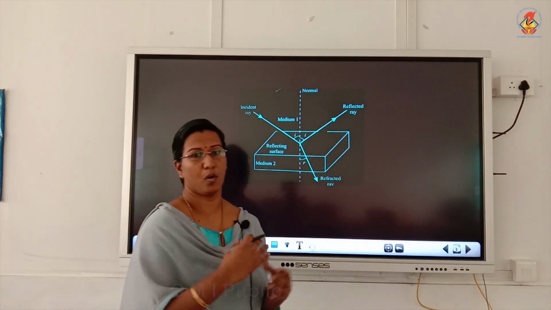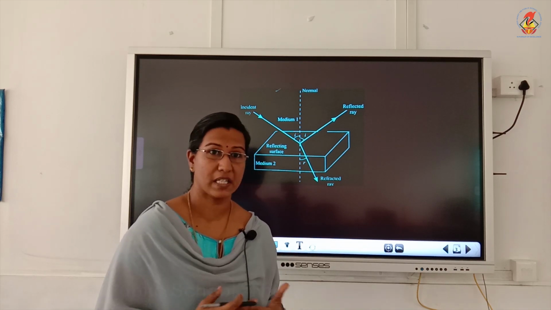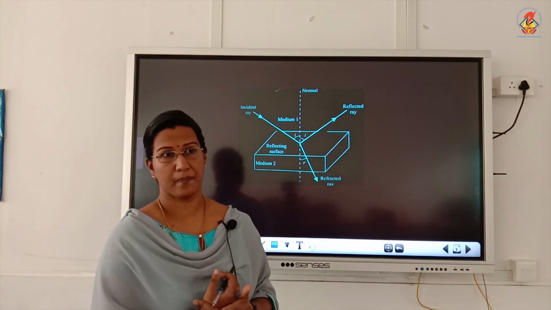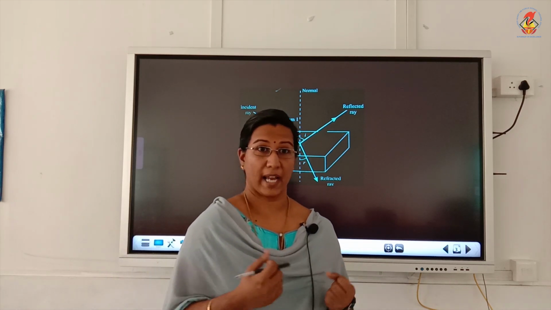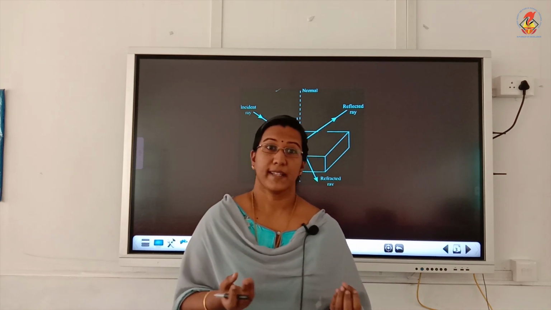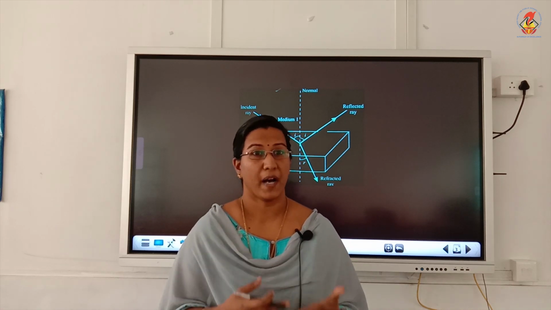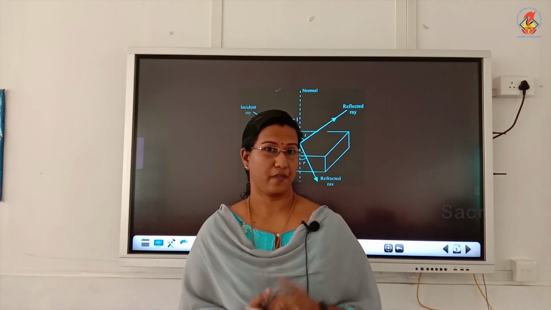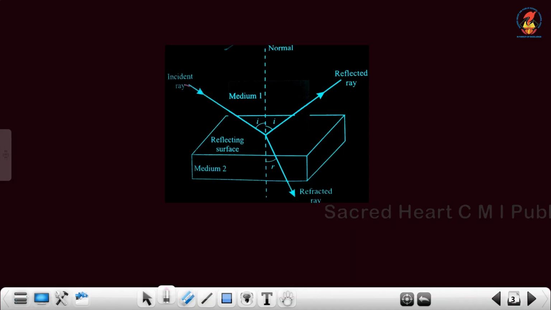Now we all know if light falls on a medium, a transparent or semi-transparent medium, there are three possible things that can happen. A part of light can be reflected by the second medium, a part of light can be absorbed by the medium, or a part of light will pass through the medium. So three different effects take place when light travels from one medium to another.